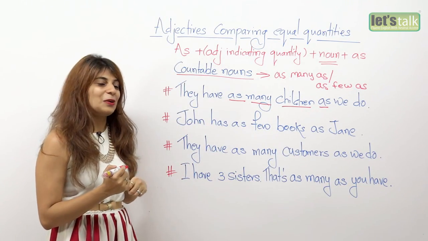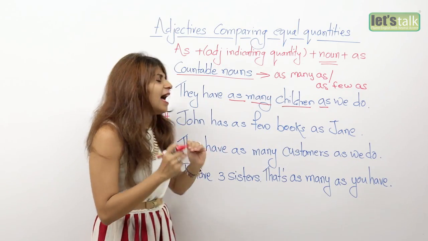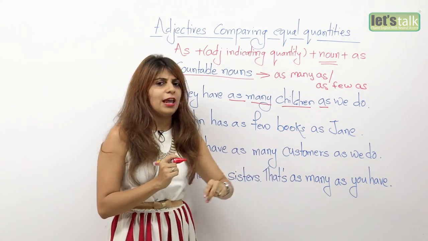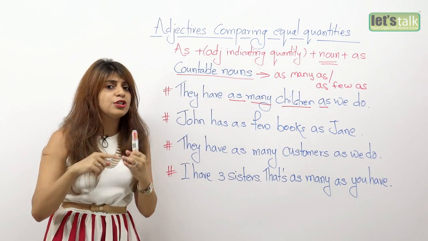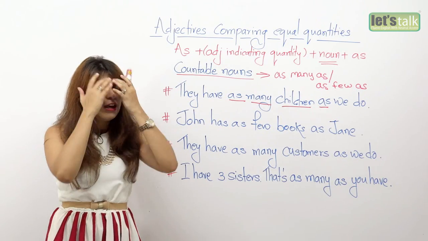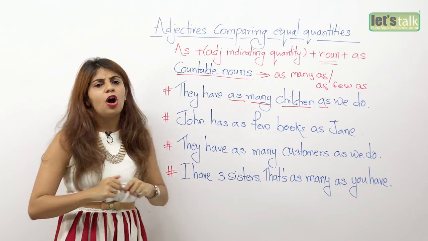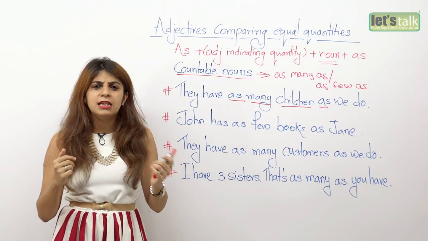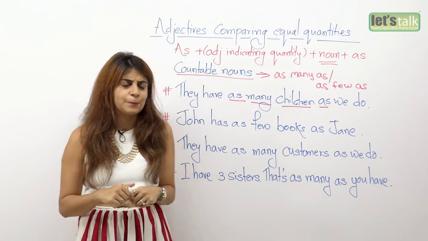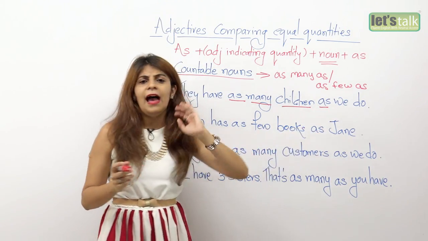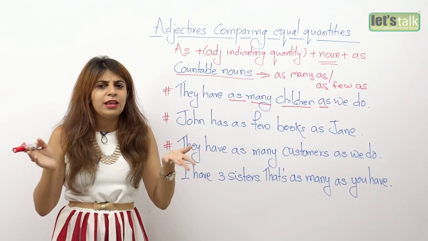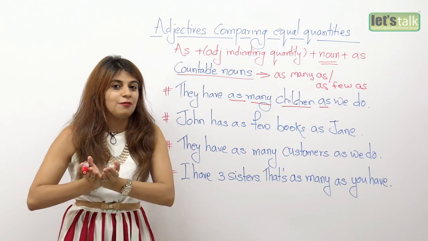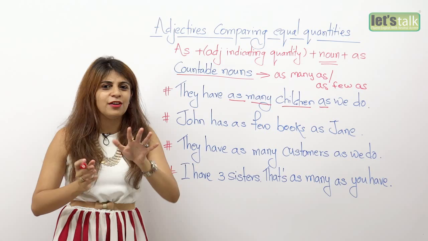Another example here: John has as few books as Jane. Again, you can count the number of books that you have. Probably here, John counted the number of books that he has, and he just had 8 books, whereas Jane had 9 books. So though they are not exactly equal numbers of books, they're kind of the same, right?